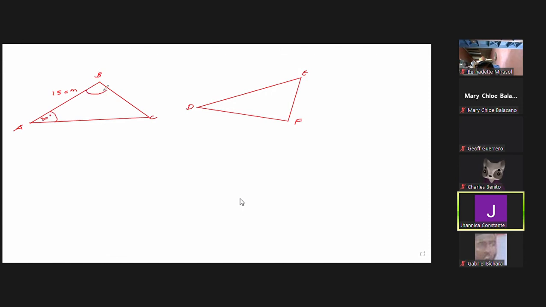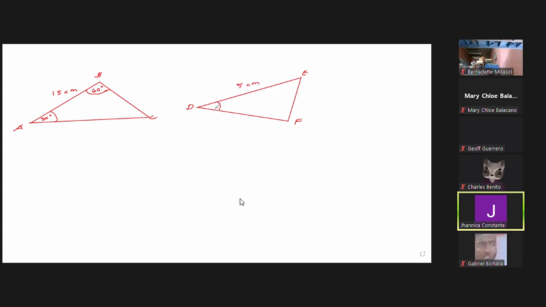Angle B measures 60 degrees. And side DE measures 5 centimeters.